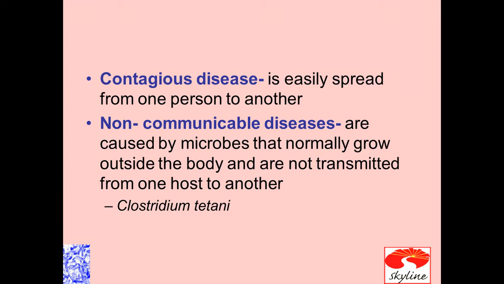Non-communicable diseases are caused by microbes that, when transferred to another host, may not really cause the same thing that they did in the original host. They are normally produced by microbes found in the environment that are not usually normal microbiota. A good example of that is Clostridium tetani.